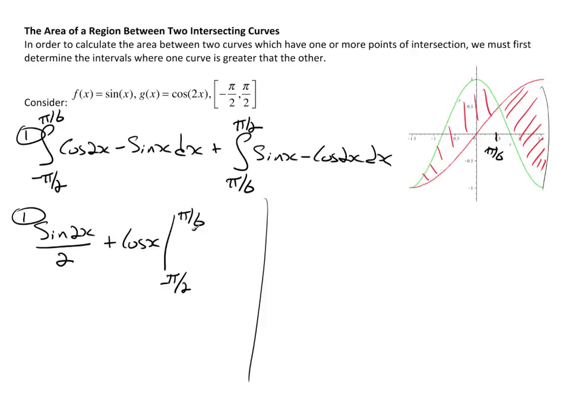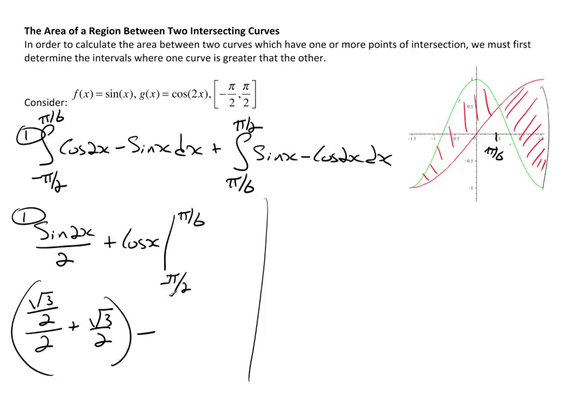So at pi over 6, when I put pi over 6 for x, the 2 cancels the 6 and I get pi over 3. Sine of pi over 3 is root 3 over 2. It's divided by a half plus cosine of pi over 6 is root 3 over 2.